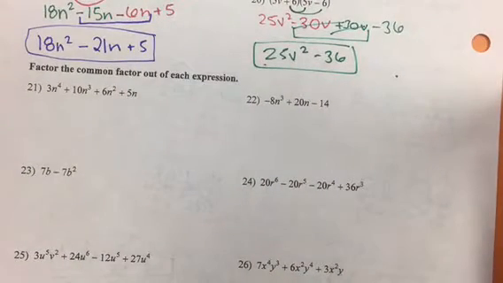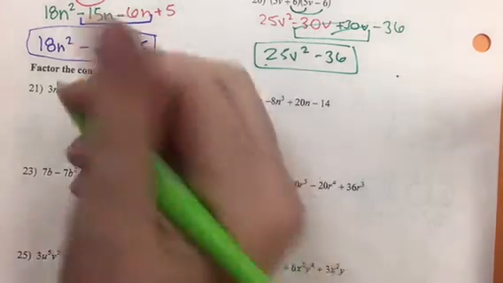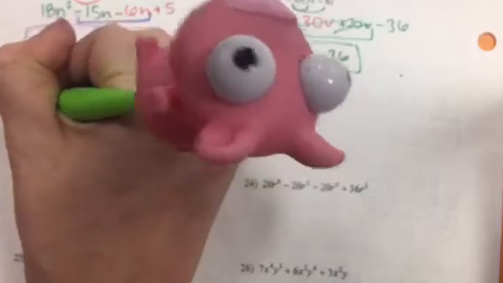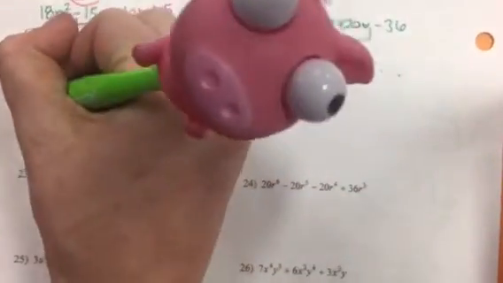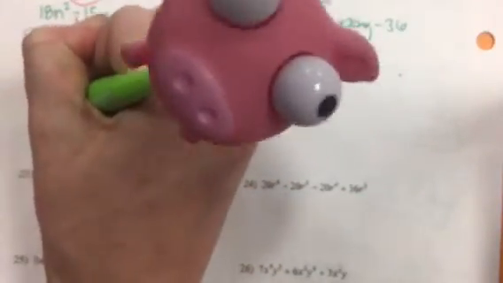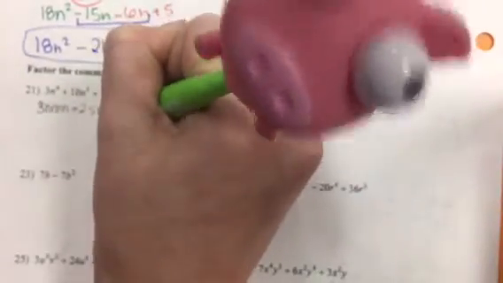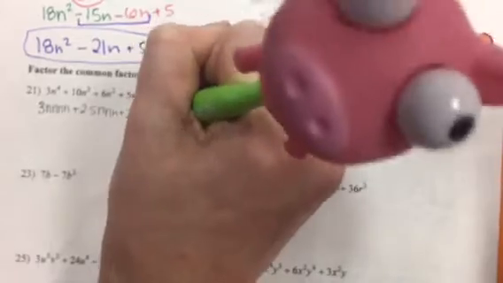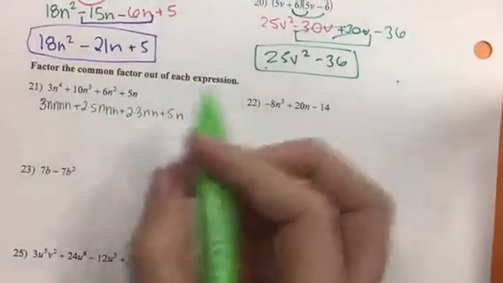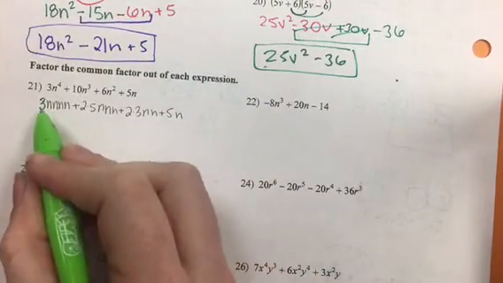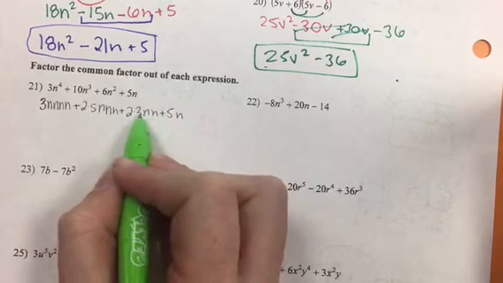Factor the common factor out of each expression. So I'm going to try and break down my factors. Multiples of 3 would be 3 times 1, so 3 with 4 n's, plus multiples of 10 would be 2 times 5 with 3 n's, plus 2 times 3 with 2 n's, plus 5 times n. Now, see how this one has a 3 and that one has a 3?